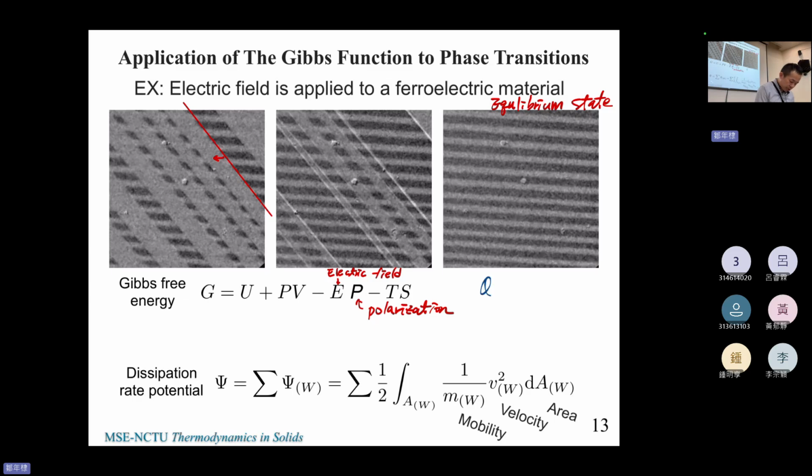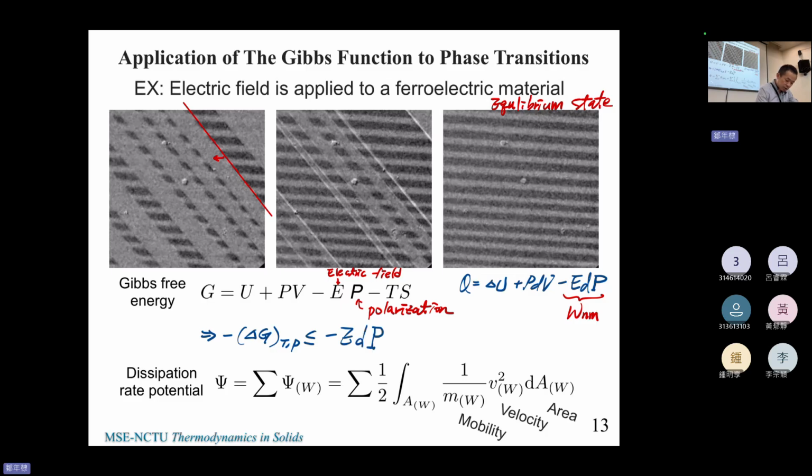In other words, this can be written down as Q = ΔU + P dV - E dP.